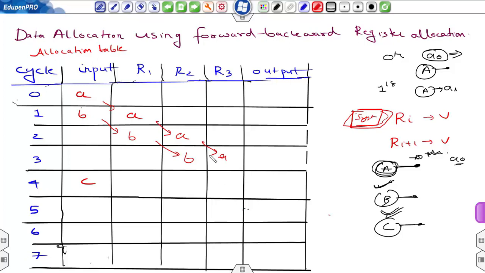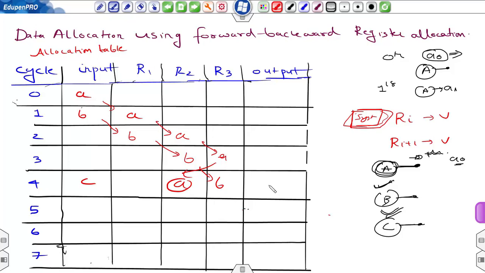This means that R2 will be vacant. So during the fourth cycle B will move to register R3, and R2 is available, so A can be moved back to R2, and at the end of the fourth cycle A will be consumed.